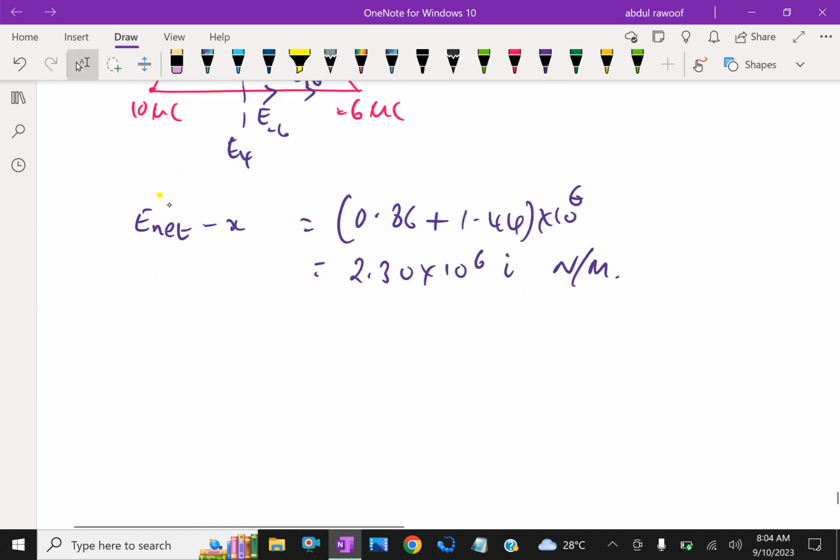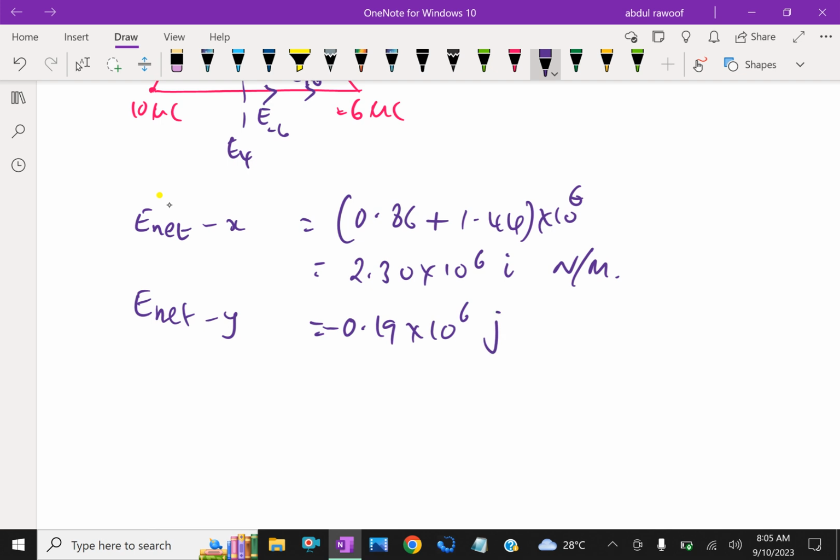Then E net in the y direction gives minus 0.19 into 10 power 6 in the j direction, newton per meter.